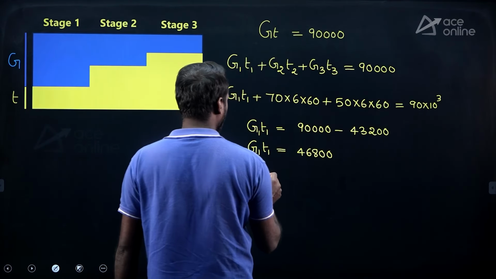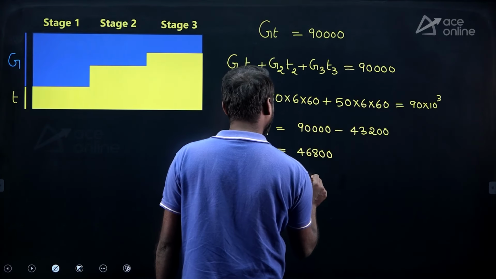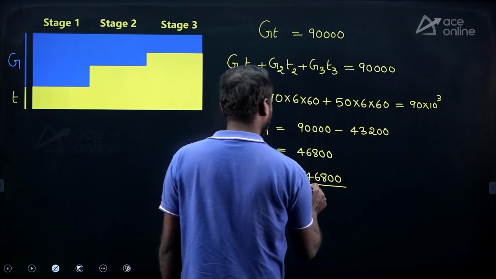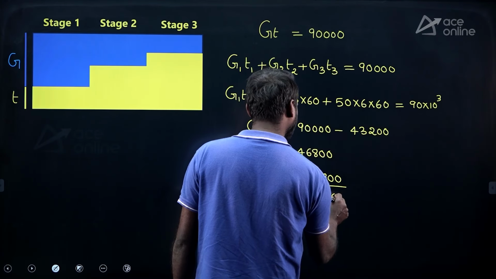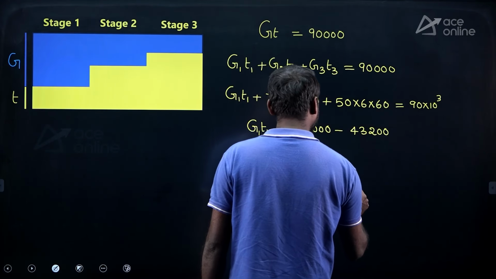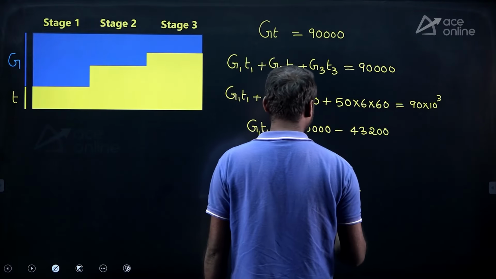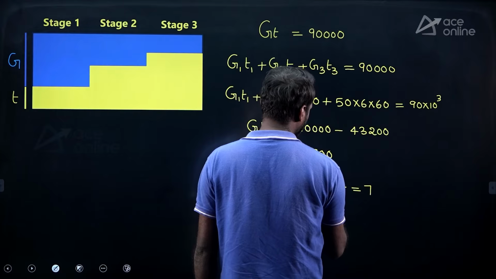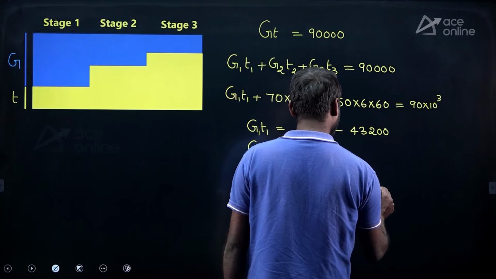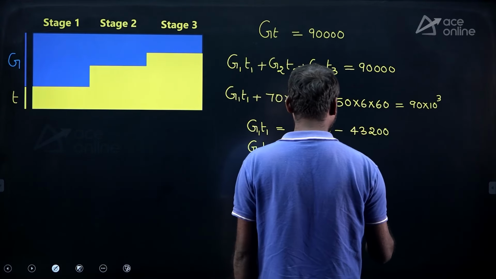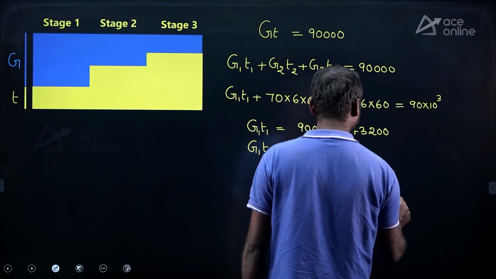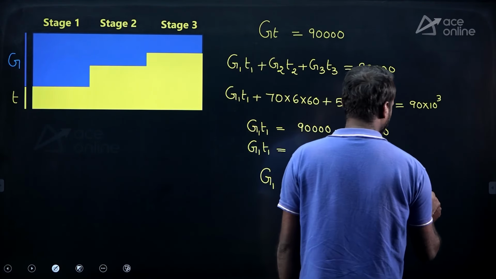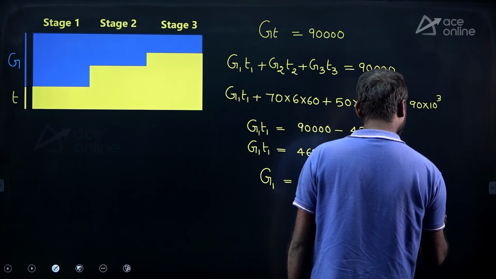You already know the value of T, therefore the value of G1 is 46,800 divided by the time, which is 8 minutes. 1 minute is 60 seconds, so 8 times 60. 780 by 8.